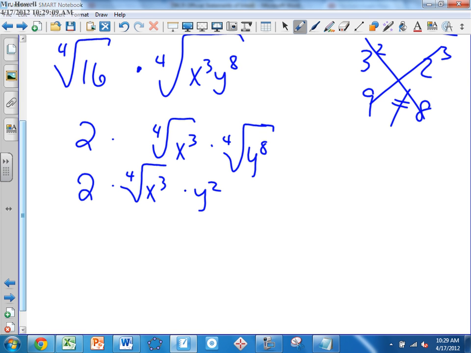Where does the y squared come from again? The 8 and the 4 go in and they become 2. Very good. Again, this number, the power, divided by this quantity, the index, becomes 2. So that's going to be our rule that we're going to use. But this only works if the number is divisible by the index. Like here, this 3 was not divisible, right? So what I end up doing is writing my answer like this.